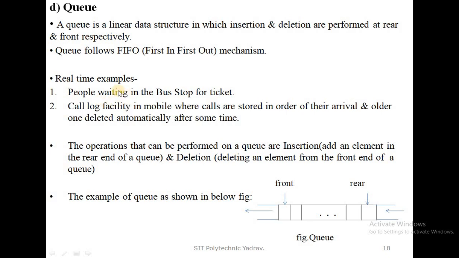Real time example: people waiting at a bus stop for a ticket. Those who are first in line get the ticket first, and those who enter last are inserted at the end. When people obtain the ticket and leave the queue, that is the deletion operation, called front.